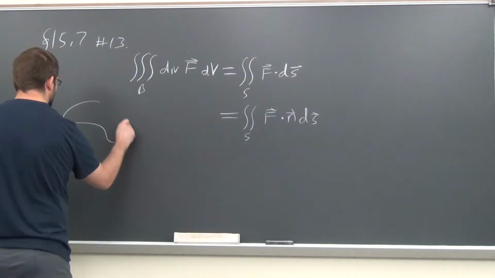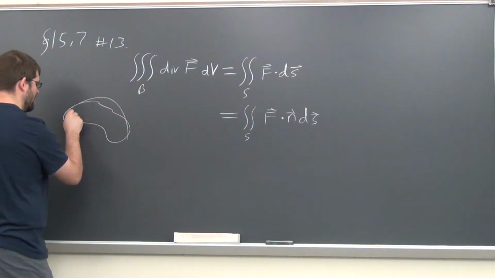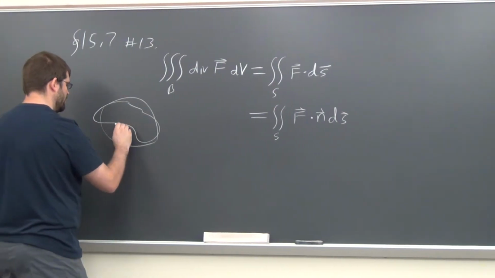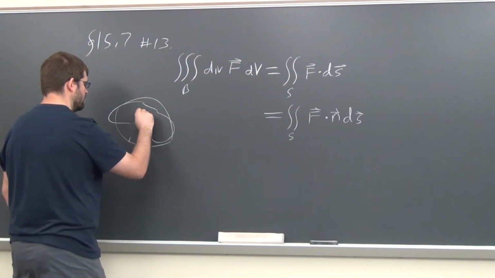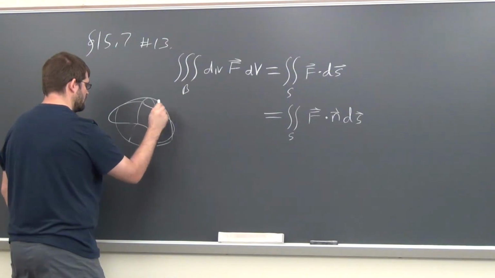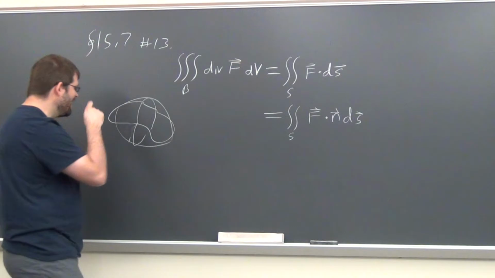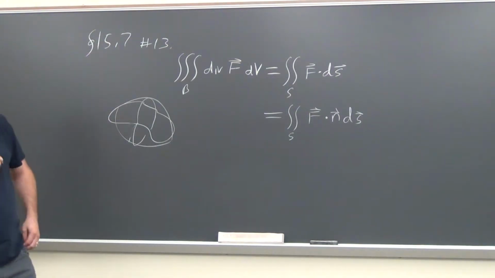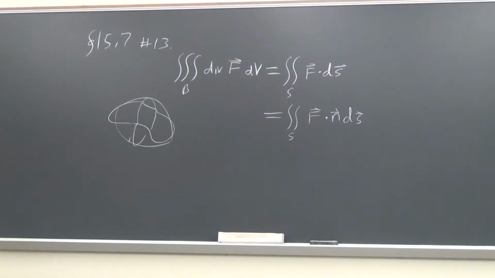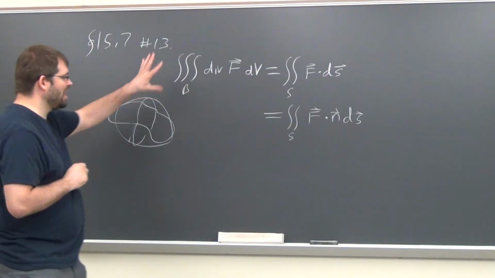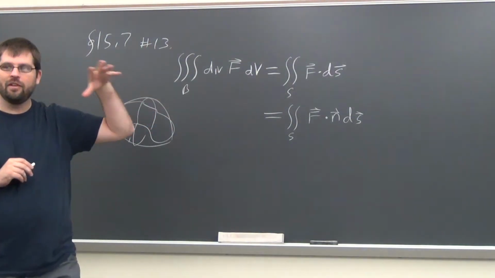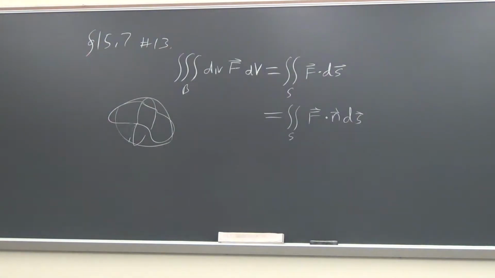You've got some surface that encloses some solid B. They want you to find this divergence integral, and they give you information about F and the normal vector. What did they tell you? That the angle between F and N was always pi over 3.